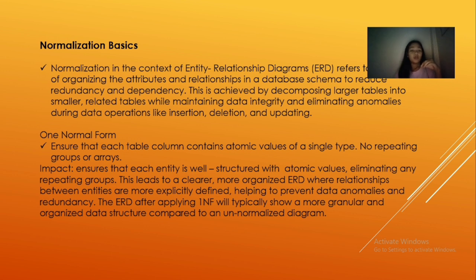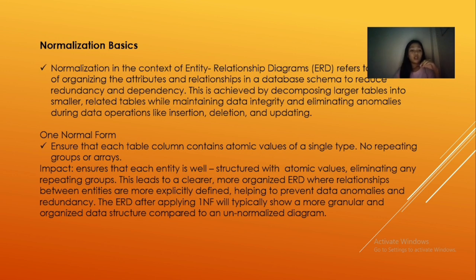First normal form: ensure that each table column contains atomic values of a single type. No repeating groups or arrays. It is usually called 1NF, short for first normal form.